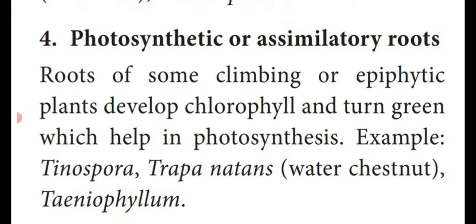Those roots are known as photosynthetic roots or assimilatory roots. These roots are also produced in climbing root plants or epiphytic plants, which produce green color roots containing the chlorophyll pigments responsible for photosynthesis. Examples: Tinospora, Trapa natans, that is water chestnut, and Taeniophyllum. Those are the three examples of photosynthetic or assimilatory roots.